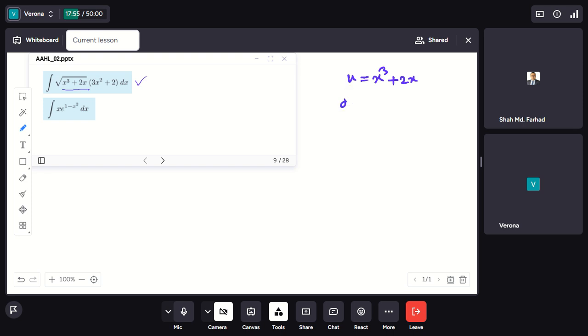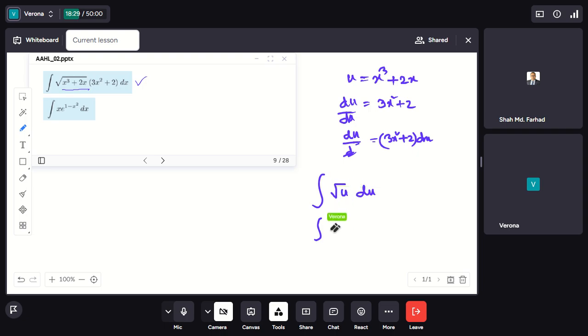I'm doing it. That is du equals to 3x squared plus 2 dx. So the next line will be du equals to 3x squared plus 2 times dx. Now if we substitute here, then we will have root over u du.